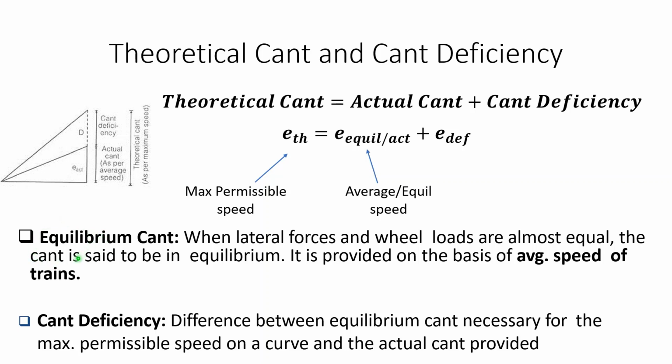But due to some limiting factors or limiting cases, we are forced to provide a value less than that, and the one which we are introducing in the field becomes the actual Kant, and the difference between the theoretical and actual becomes the Kant deficiency. This part we will see in more detail in the next video.